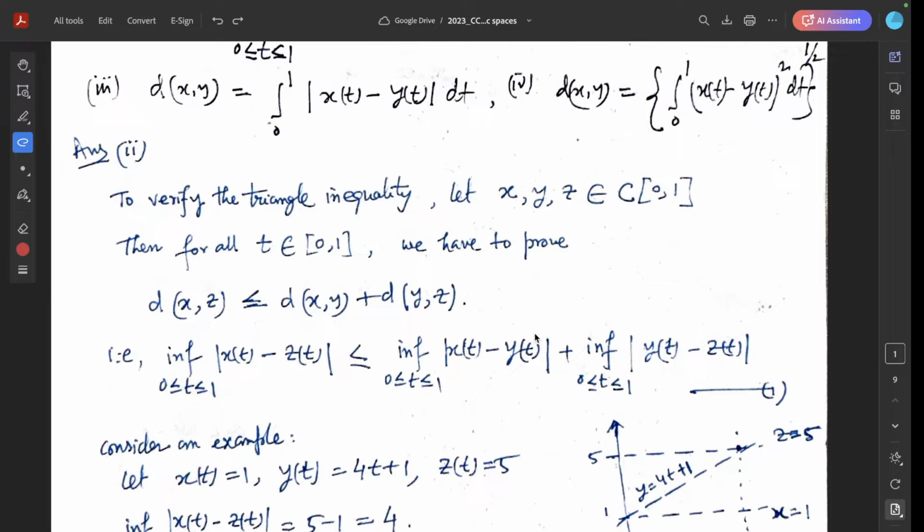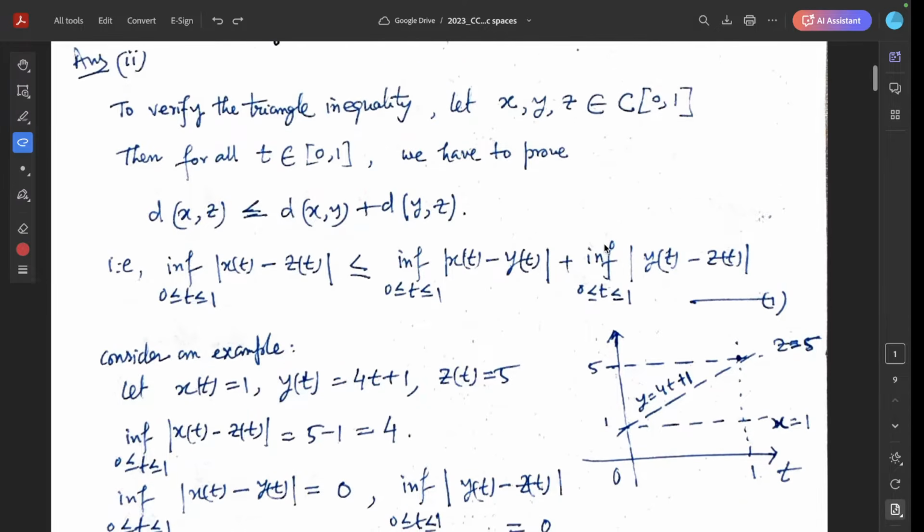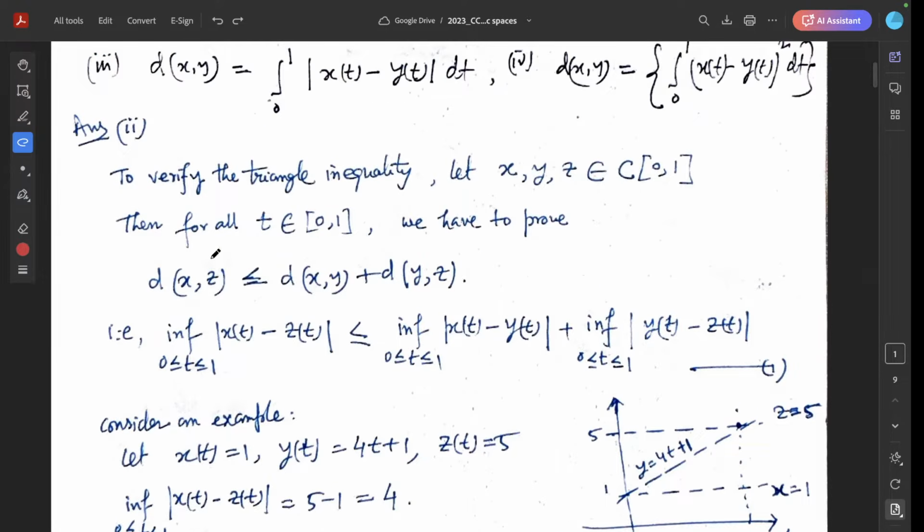Now to verify the triangle inequality, let x, y, z belong to C[0,1].